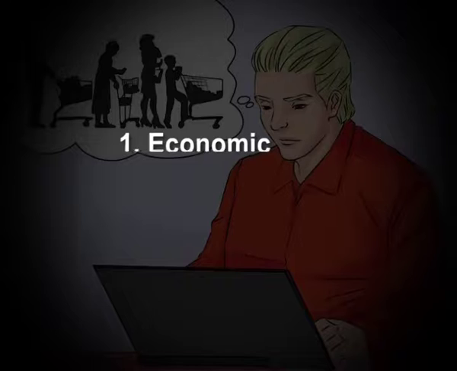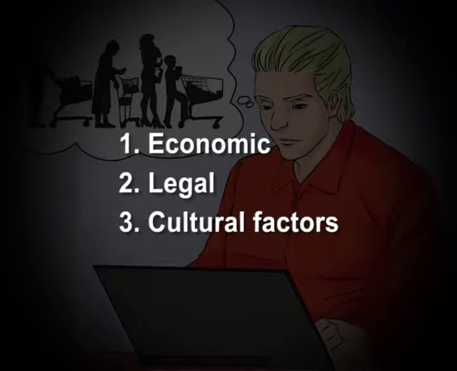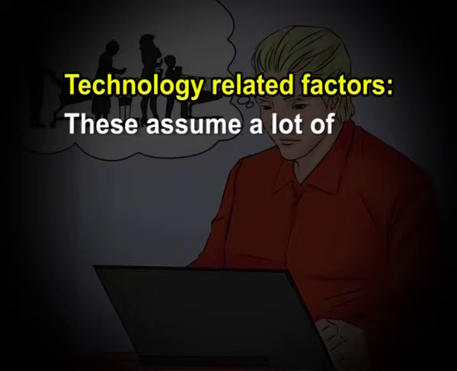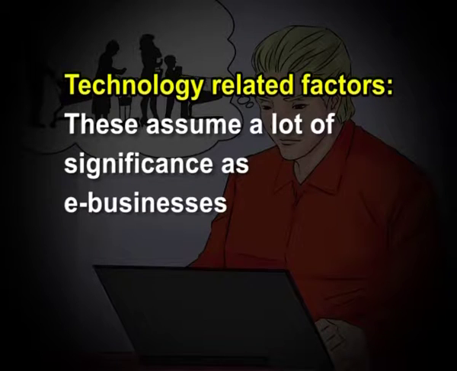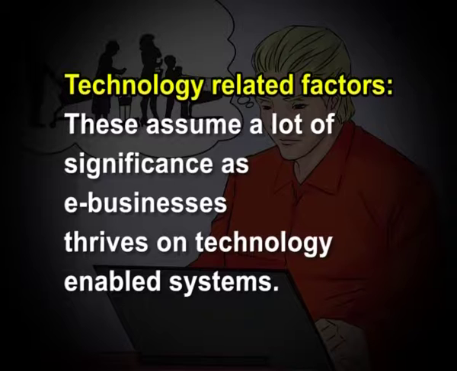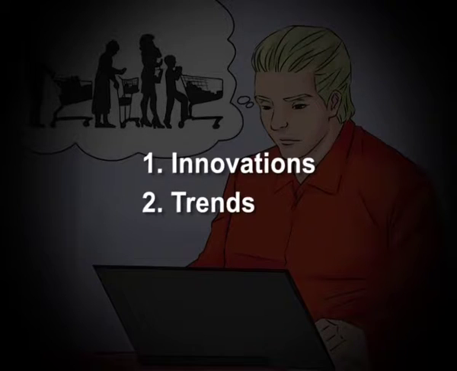So, what are the 3 things that we have said? Economic, legal and cultural factors. The next area is about the technology related factors. Now, these assume a lot of significance as e-businesses thrive on technology enabled systems. So, the main components of this are innovations and trends.